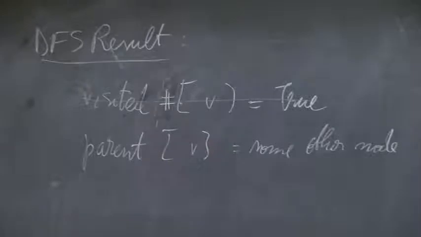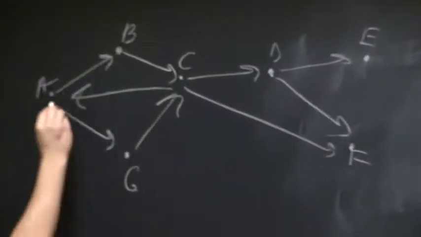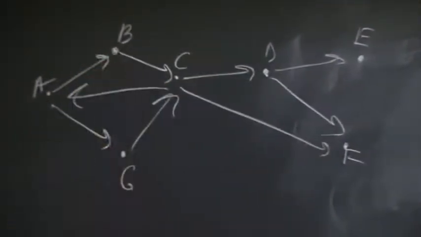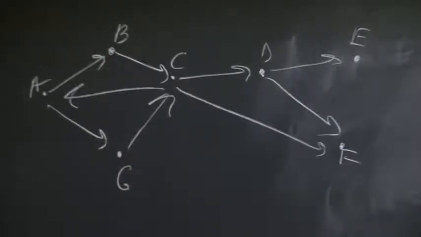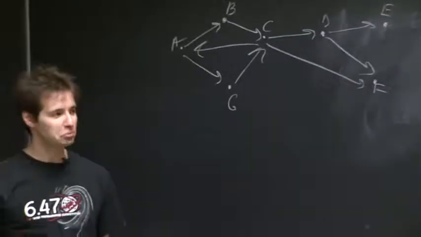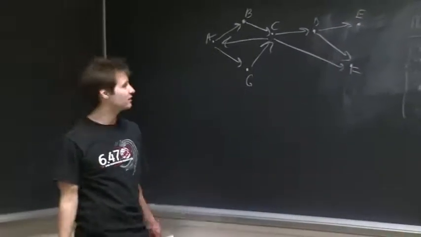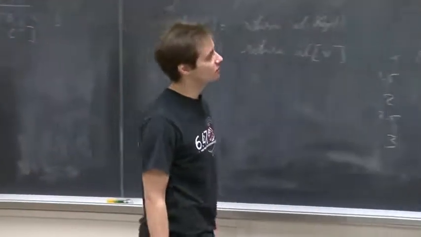For this graph, I'm going to go from A to B and then from B to C. So I want the parent of B to be A and the parent of C to be B. Make sense for everyone? So what's the parent of A? None's a good value, right? There's no parent. So how would I modify this code to write that?